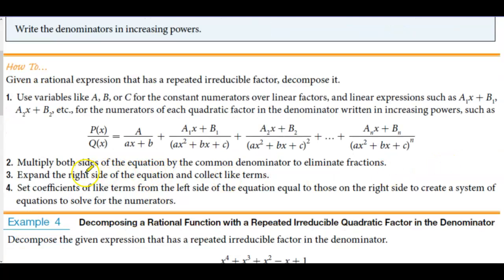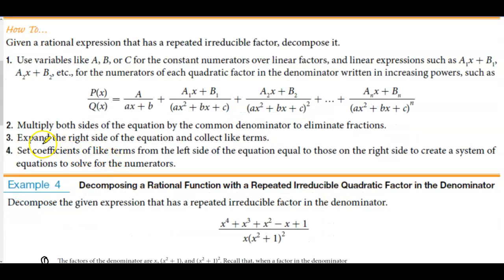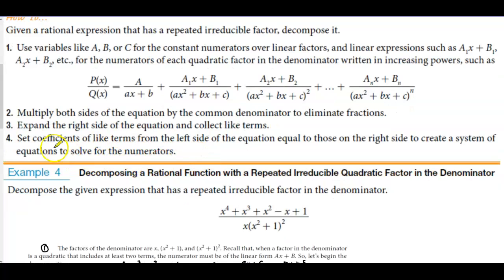Number two, we're going to multiply both sides of the equation by the common denominator to eliminate fractions. Number three, we're going to expand the right side of the equation and collect like terms. Number four, we're going to set coefficients of like terms from the left side of the equation equal to those on the right side to create a system of equations to solve for the numerators.